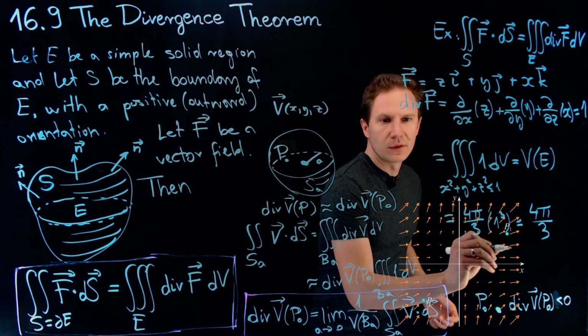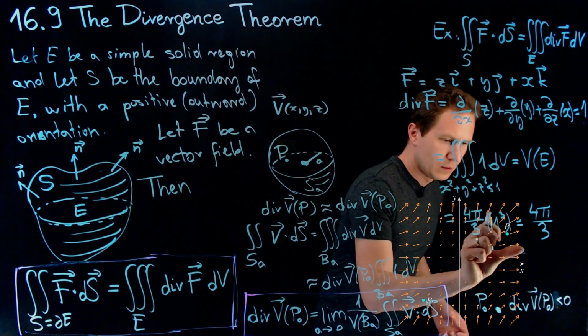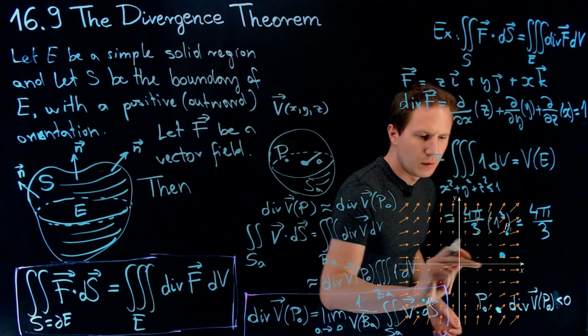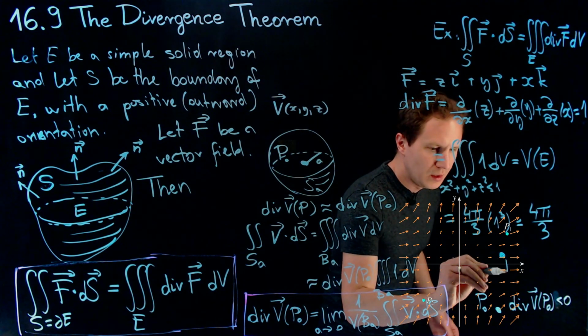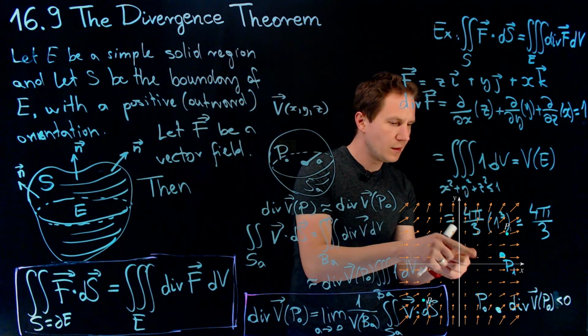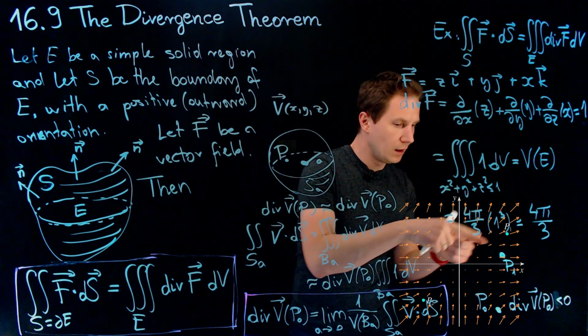And for a point such as this one, let's call that point P1, you can see that the vectors going into that point are shorter and the vectors coming out of that point or near that point are longer.